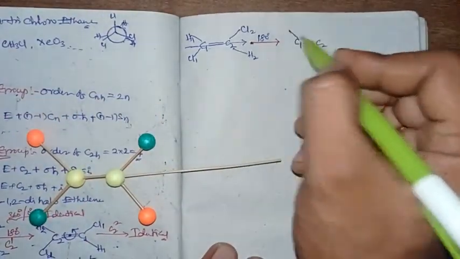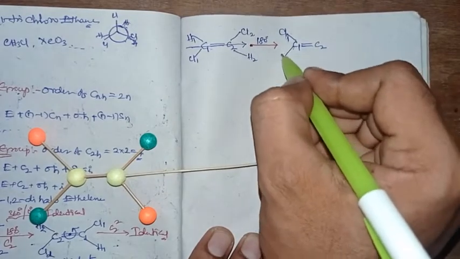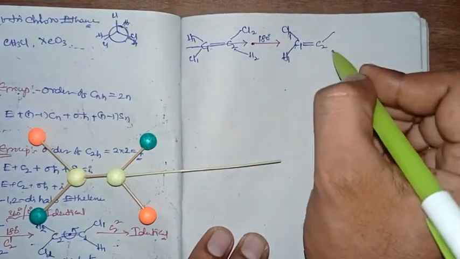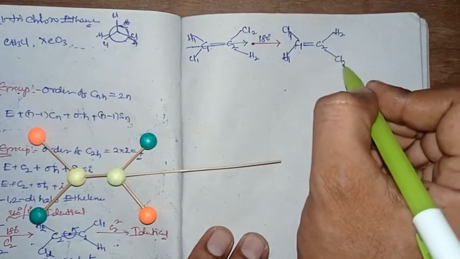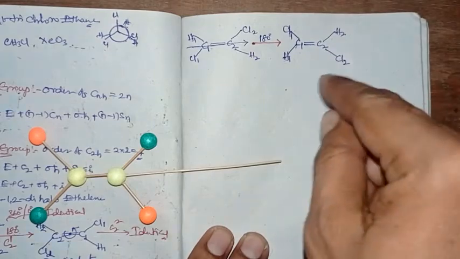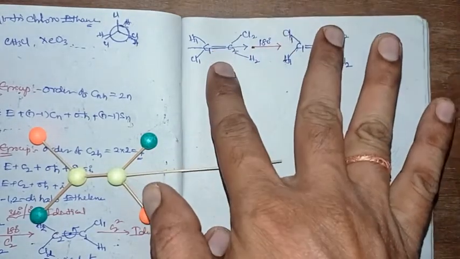So here it is chlorine 1, here hydrogen 1, here hydrogen 2, here chlorine 2. This is the configuration we don't bother to compare with the original.